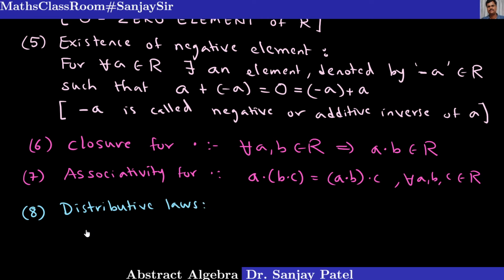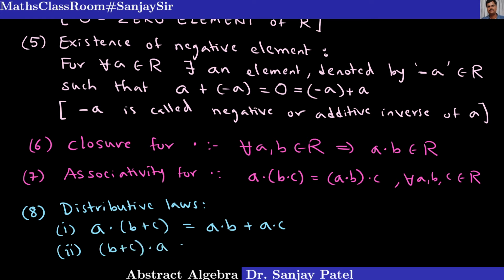These conditions say that for any elements there are two distributive laws: a dot (b plus c) is equal to a dot b plus a dot c, and the second rule is (b plus c) dot a is equal to b dot a plus c dot a. And this must hold for all a, b and c belongs to the set R.